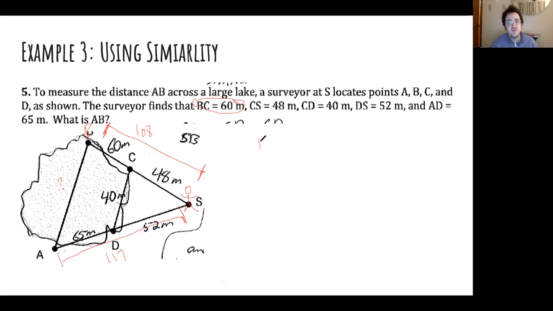So I'm just going to redraw the triangles. I'm going to start with the small triangle. So I got CDS. This is 52, 48, 40. And then I'm going to draw the big version, so the ABS.